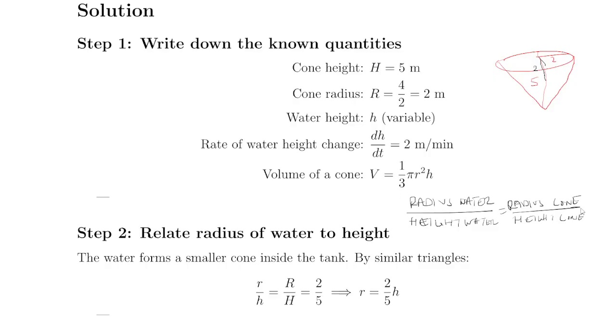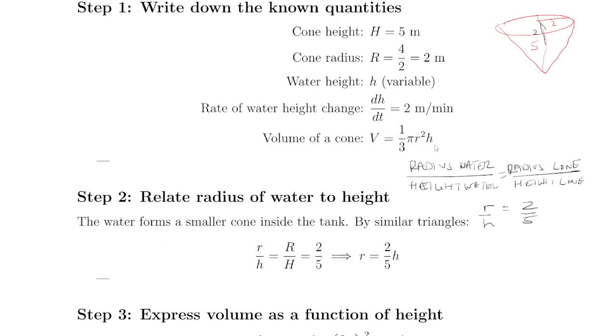Okay, so the radius of the cone is 2, the height of the cone is 5. So we have that little r, the radius of the water, over little h, the height of the water, is going to equal 2/5. So then we can solve for r to be 2/5 h.